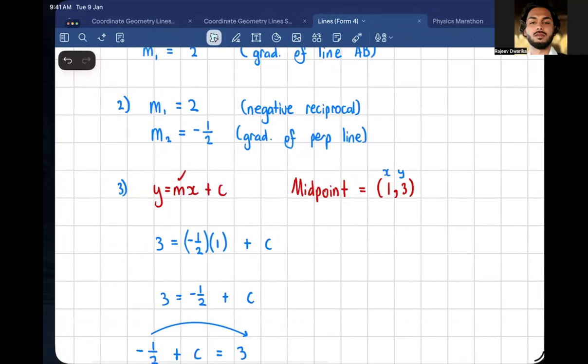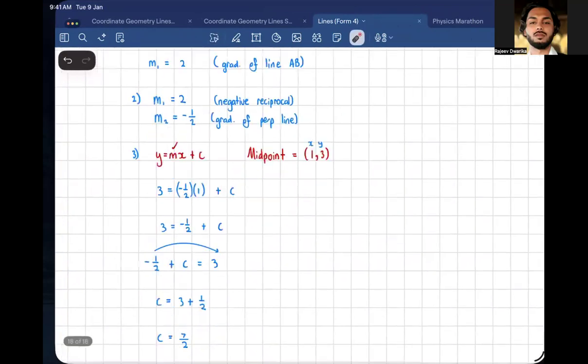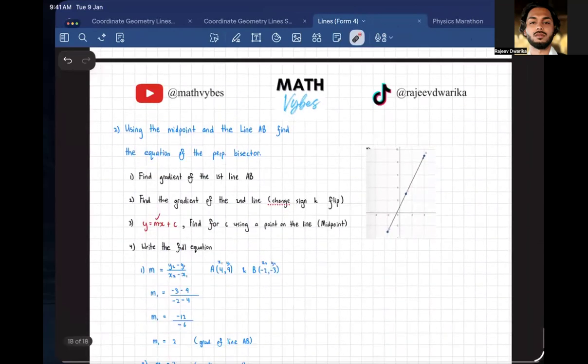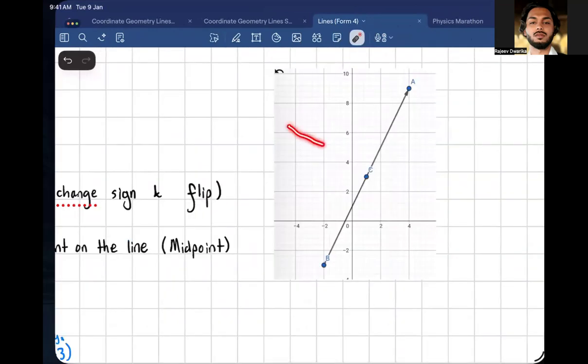So you realize that the perpendicular bisector would pass through the midpoint. Yeah, and then when we get 1 comma 3, the 1 would be x and the 3 would be y. That's why it would be equal to that.